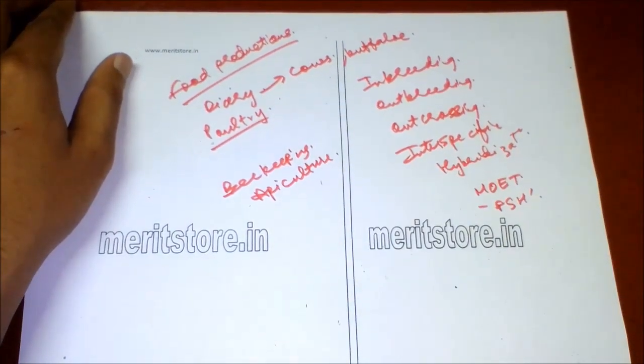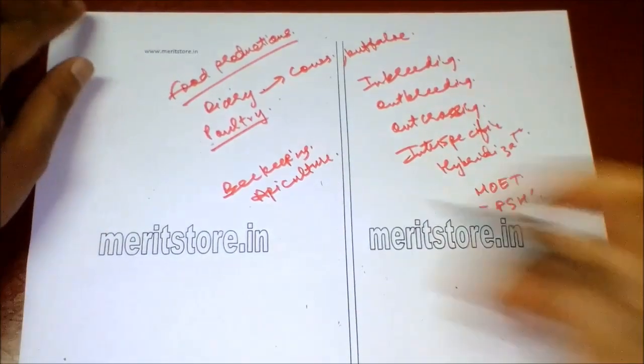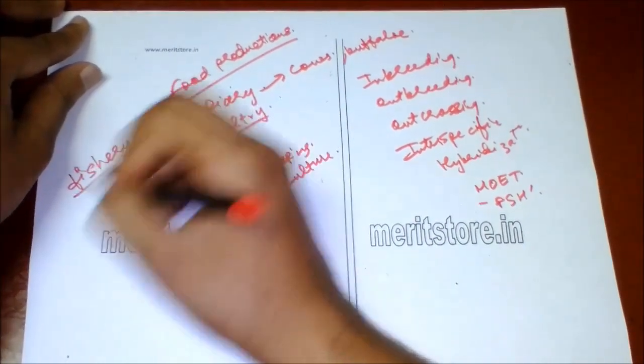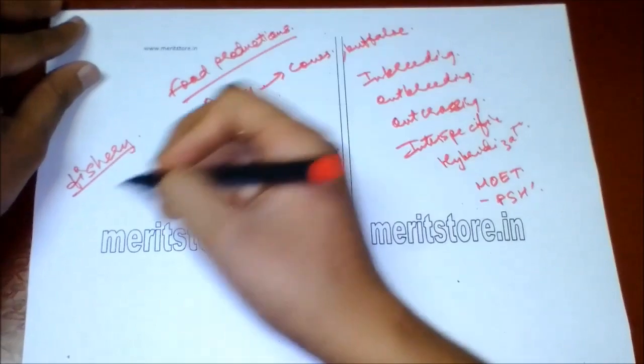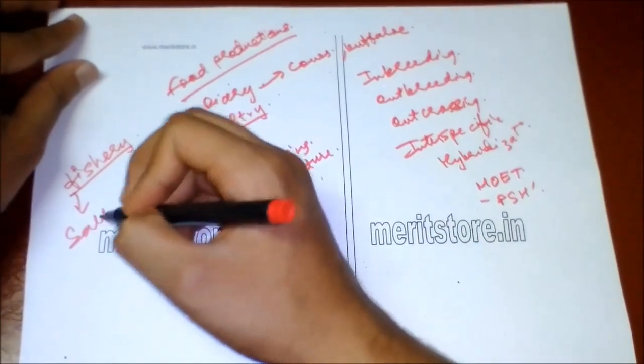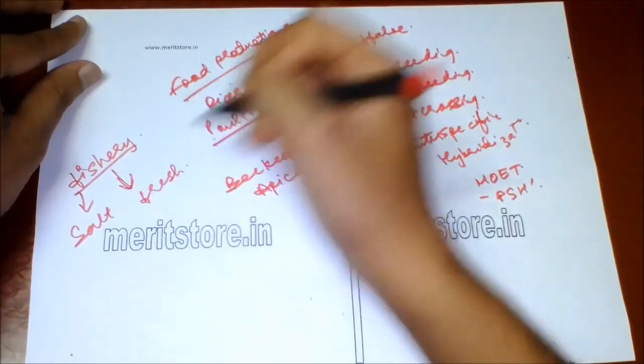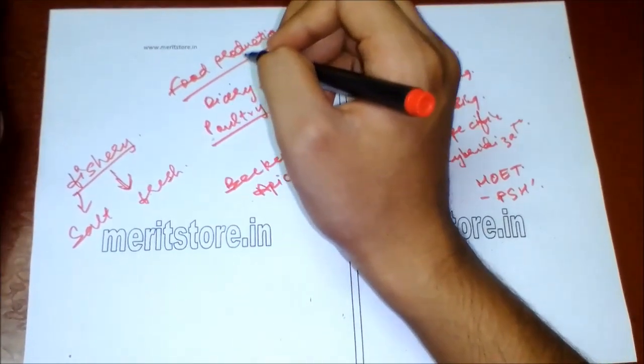Then fisheries. In fishery, the main part is the byproducts which we get, and the saltwater fish examples, freshwater fish, saltwater, which includes marine fishes and their examples.